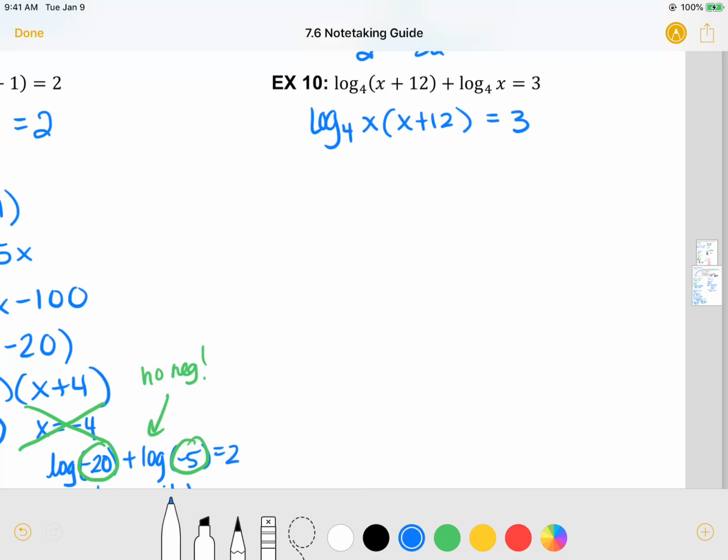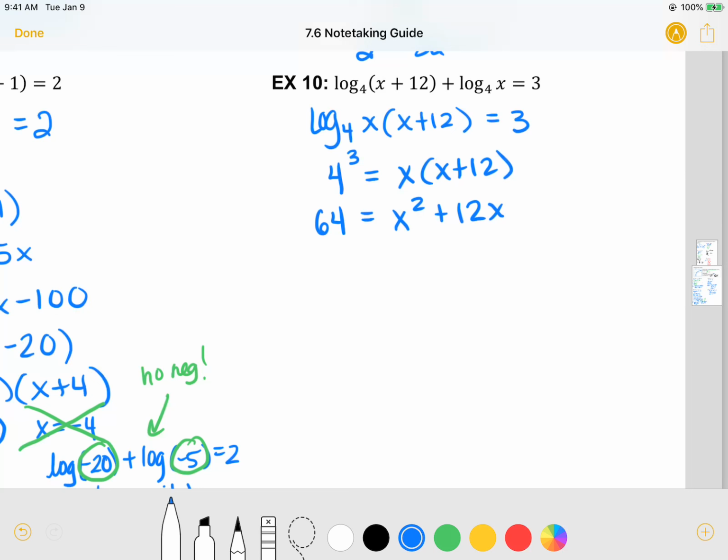Now what we're going to do is we're going to rewrite it as an exponential. So we're going to say 4 to the third power is equal to x times the quantity of x plus 12. And then we are going to simplify and distribute. So 4 to the third is 64, and then that's equal to x squared plus 12x.